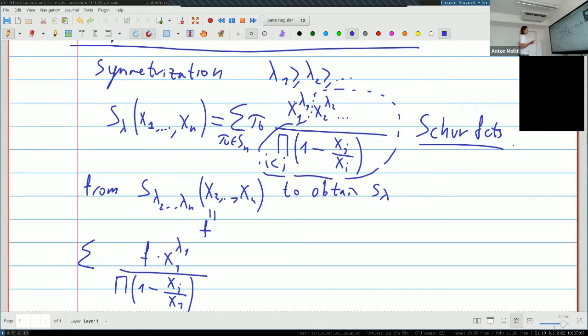But since we already have a function which is symmetric in n-1 variables, you don't have to go over all permutations here. For instance, you can go over all powers of the cycle. Then you need to go only over the powers of Cn.